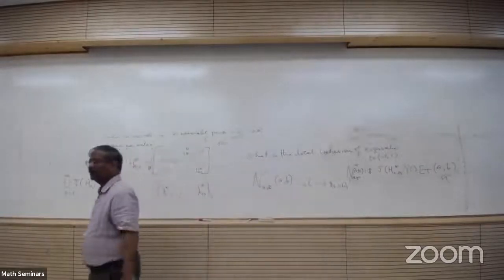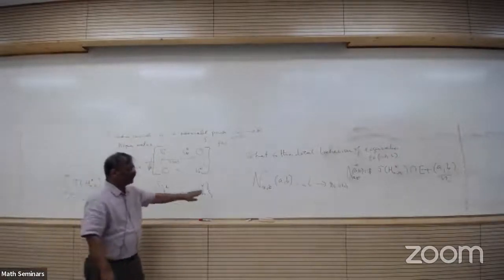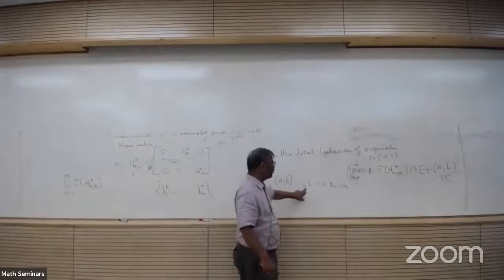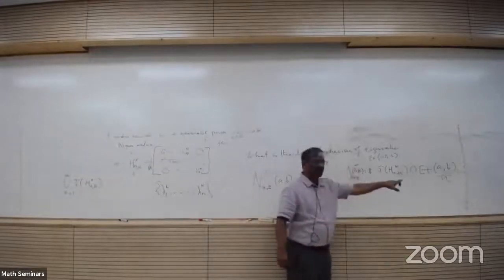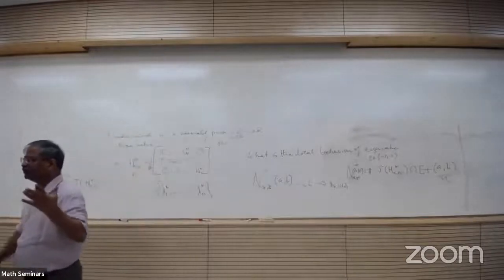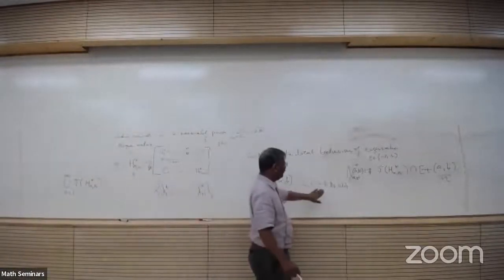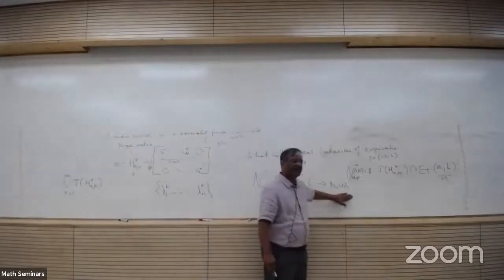Because for every n, and for every point omega, you compute this, and that's a number. The number is 0, 1, 2, whatever. So it's a random variable taking values which are integers.